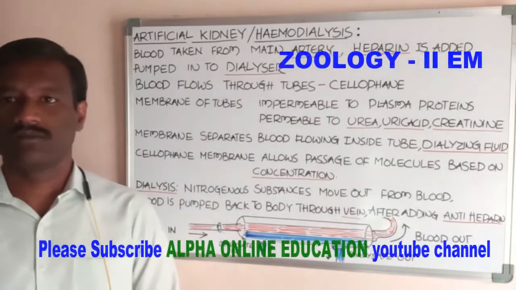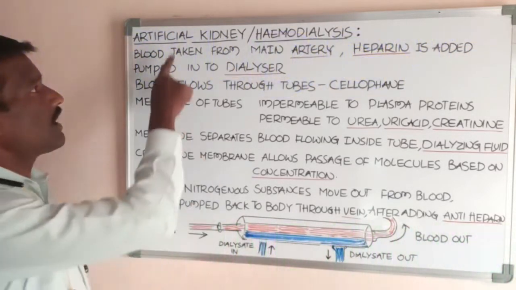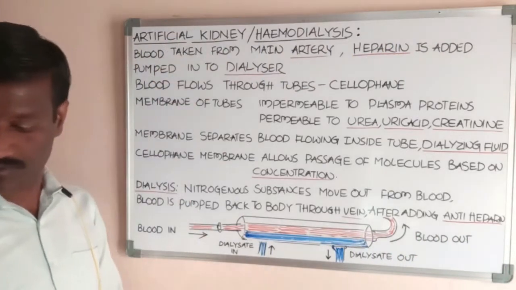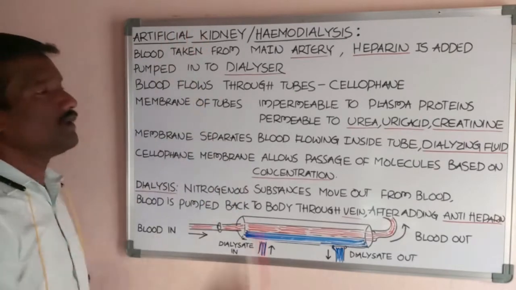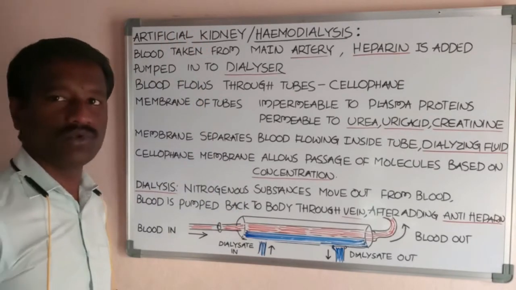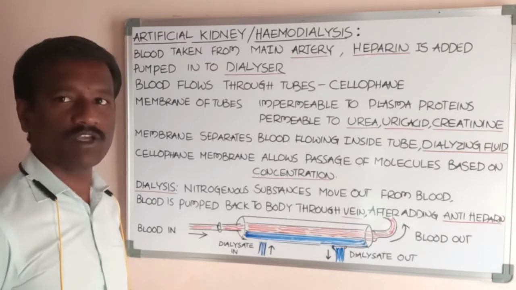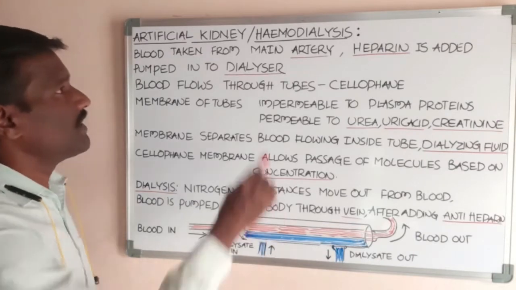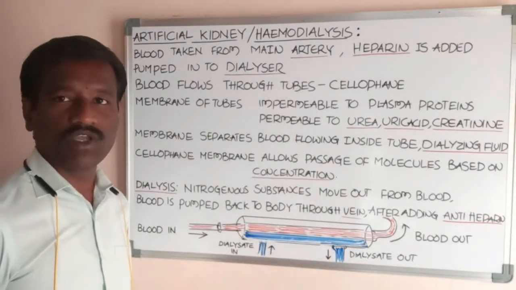Dear students, now we discuss the topic of the artificial kidney. The artificial kidney is used to filter the blood of people with kidney damage by a process called hemodialysis.